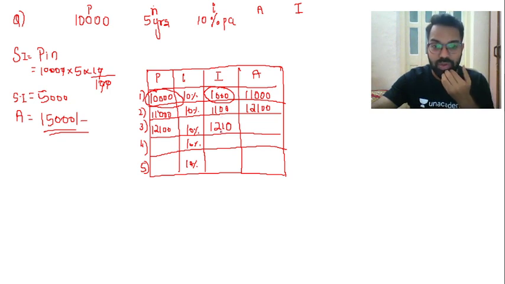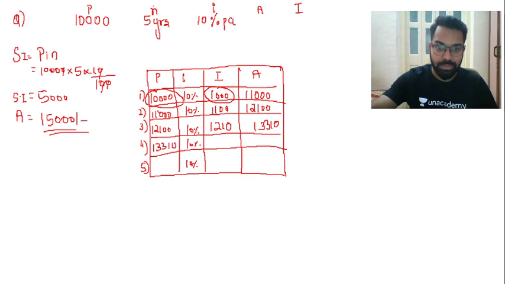The total becomes 1,210, because this 1,100 is also earning you an interest of 110 rupees, which gets added to the 1,100, and that makes this 1,210 rupees. So that 1,210 added to 12,100 gives 0 here, 1 here. This becomes 3, this becomes 3, this becomes 1. So the final amount is 13,310 rupees.